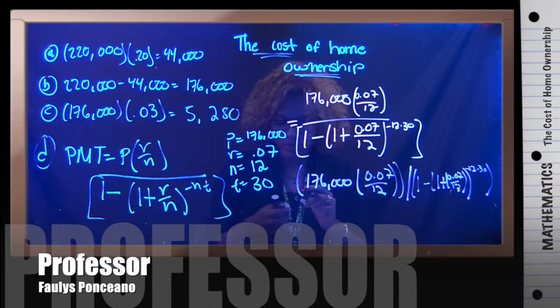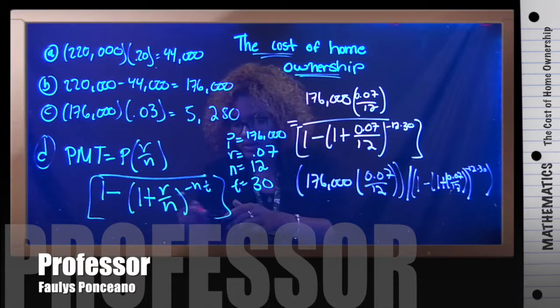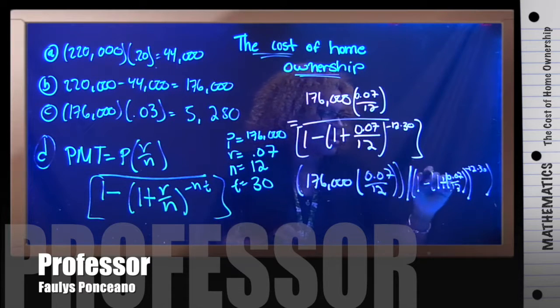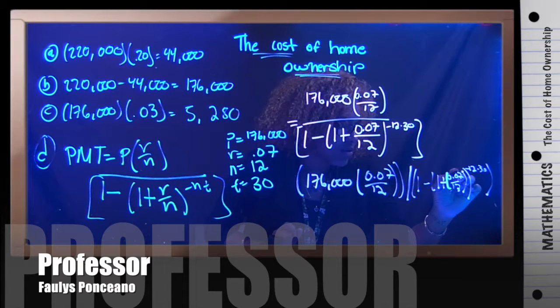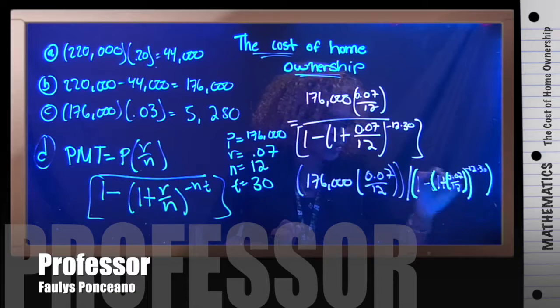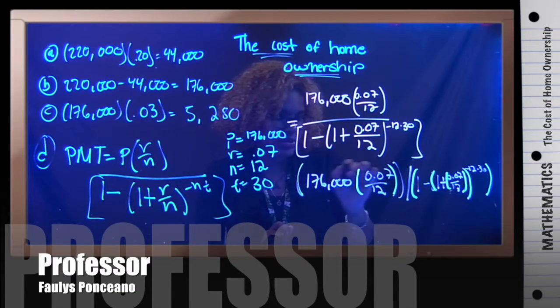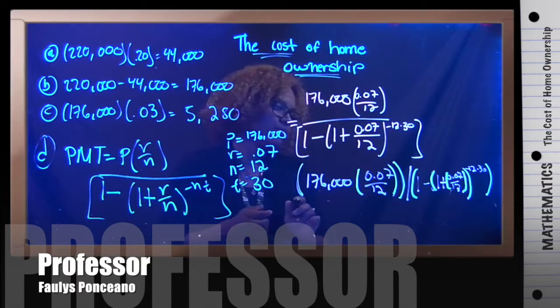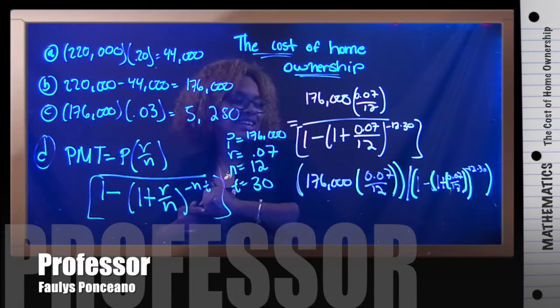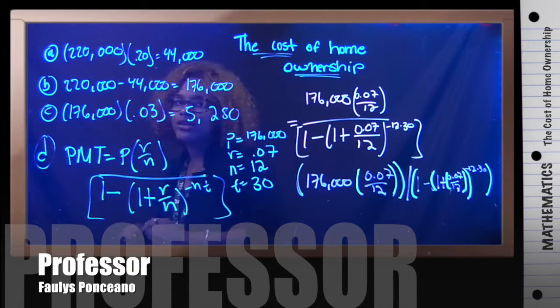So let's count the number of parentheses to be safe. Open, close, open, close, open, close, open, close, open, close. Okay, that looks excellent. Now let's take that and type it in the calculator.